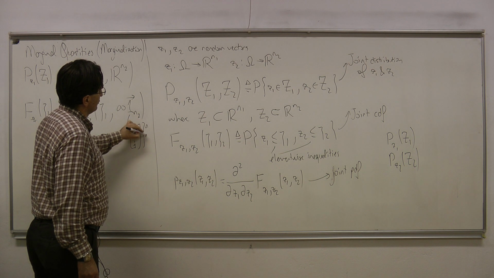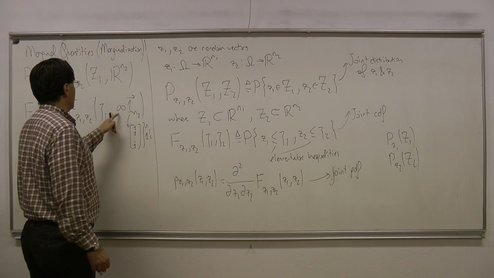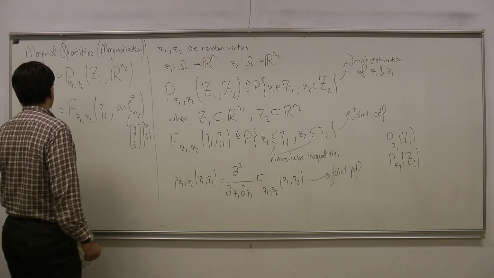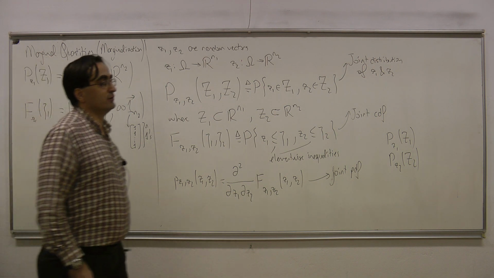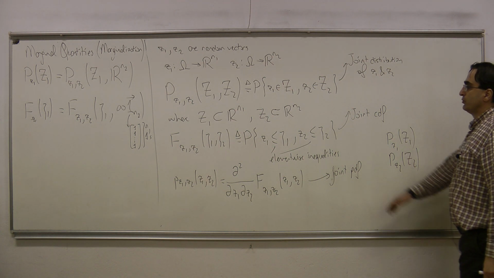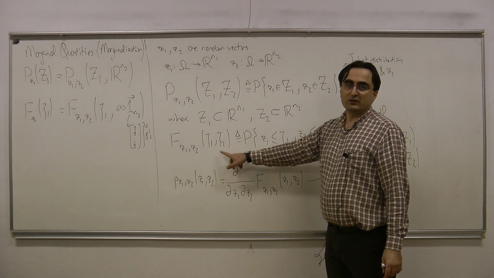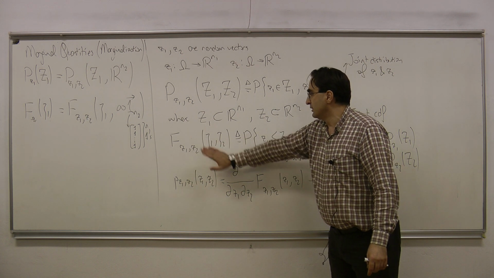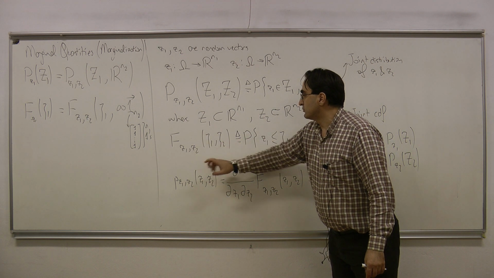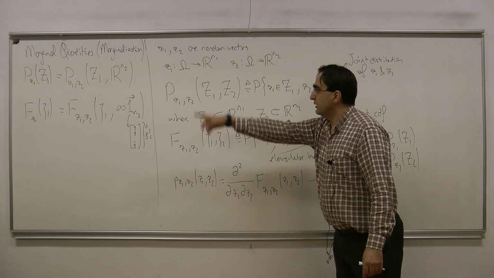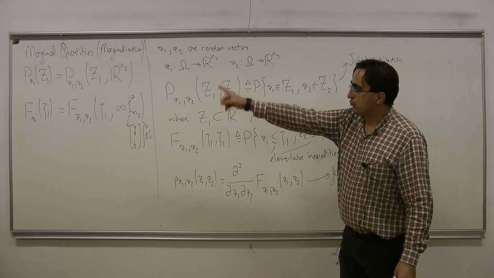There are n2 ones here, and I multiply with infinity, making all of the elements infinity. So this is the marginalization in terms of the cumulative distribution functions. You substitute infinities for the second argument. If you substitute infinities for the first argument, then you would marginalize out the first variable, and you would get F of Z2 at psi 2.